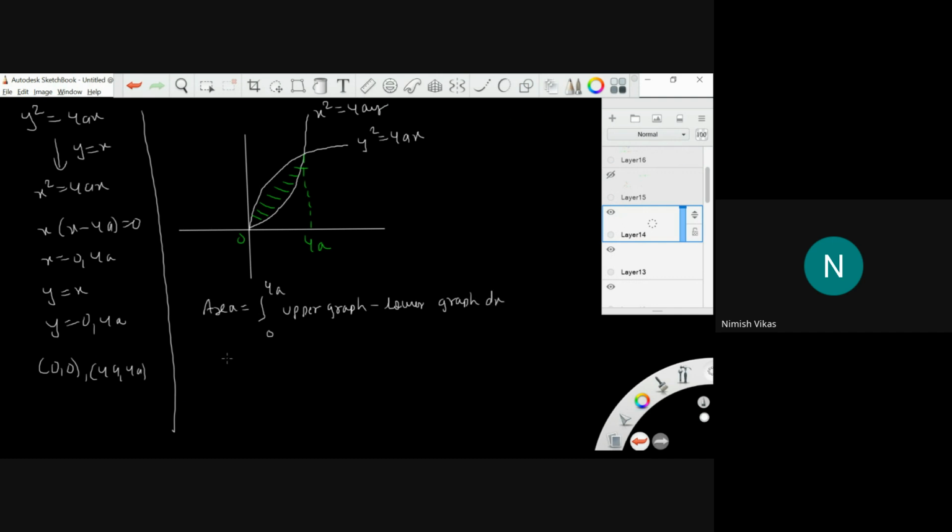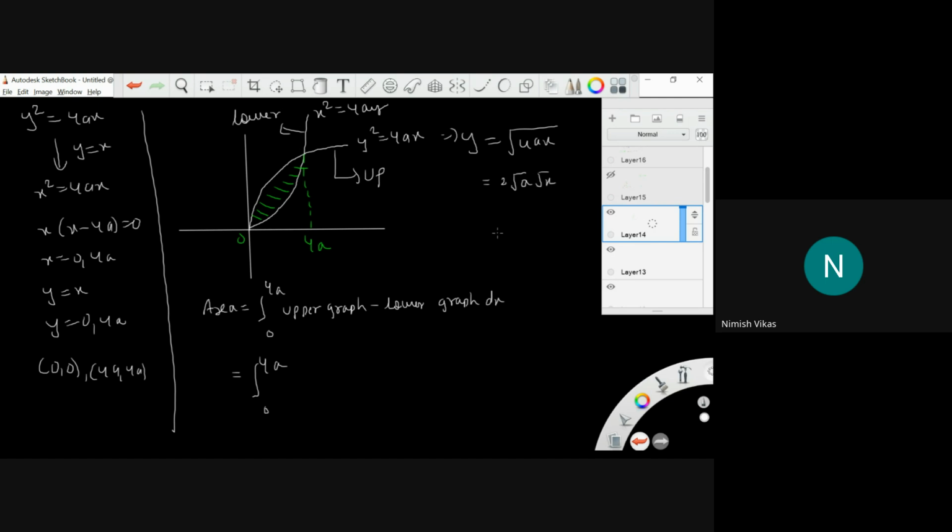dx. Now what is the upper graph? From 0 to 4a, this is the upper graph and this is your lower graph. So from 0 to 4a, x square is equal to 4ay is lower, and y square is equal to 4ax is upper. So y dx, what is y here? It is under root of 4ax, so it is 2 root a root x.